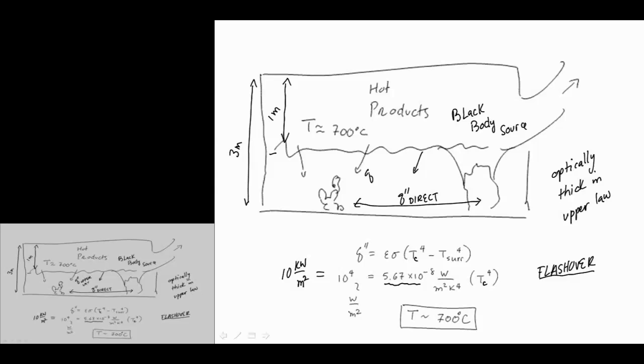And when the upper layer reaches both a sufficient optical thickness and a temperature of about 600 C, 700 C, flashover occurs. Again, this is full room involvement, and it's associated with the heat fluxes to fuel packages in this lower layer.